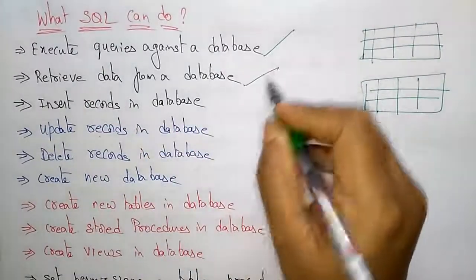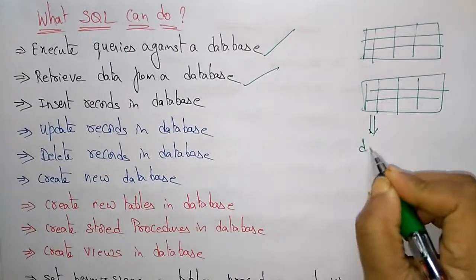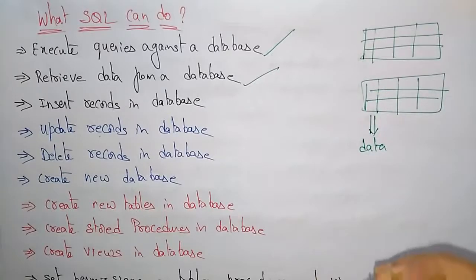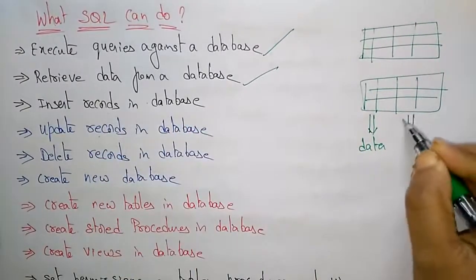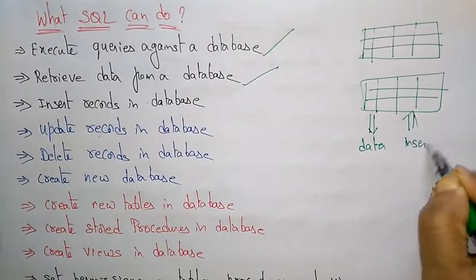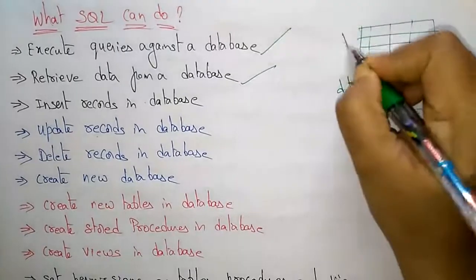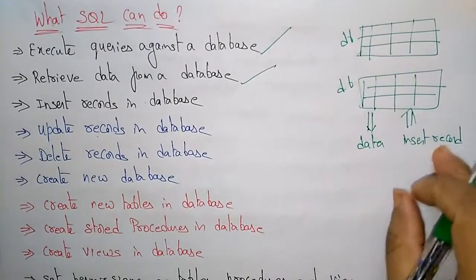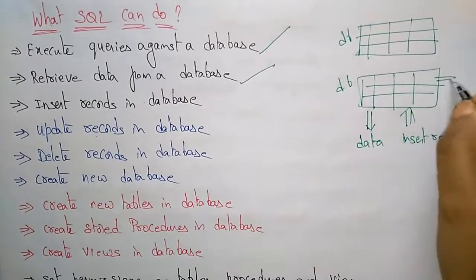Retrieve data from the database, so whatever data we want, we can take from the database. Insert records in the database. SQL can help to insert the records in the database and update the records.